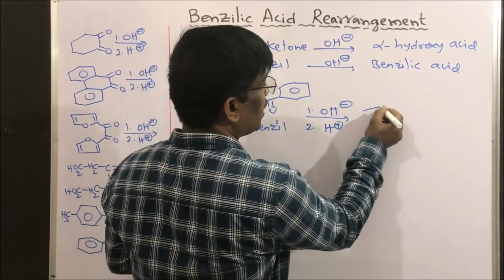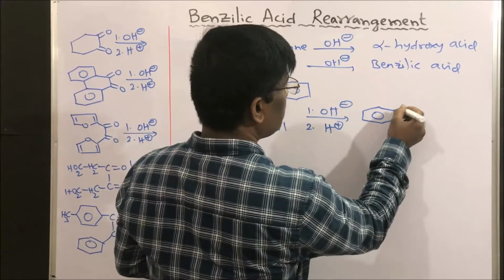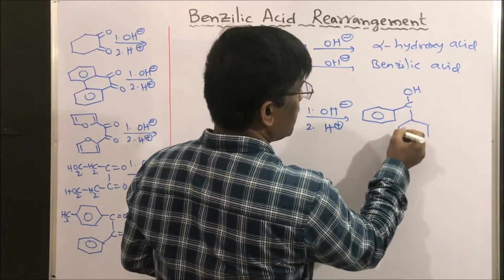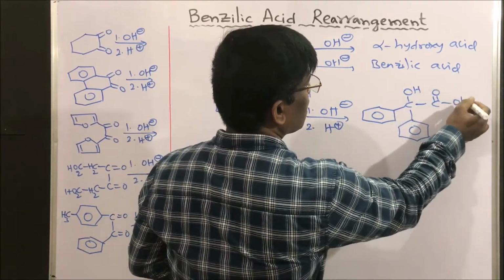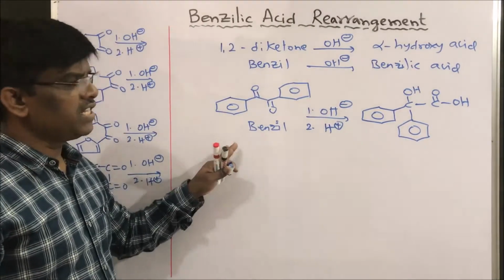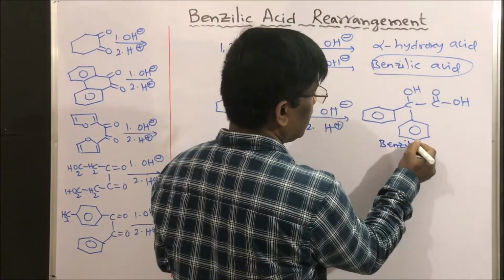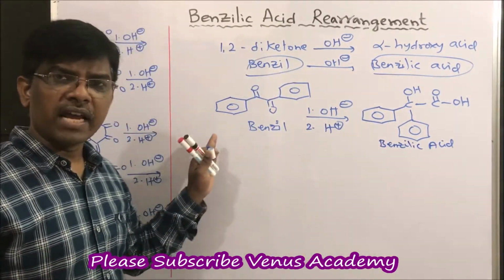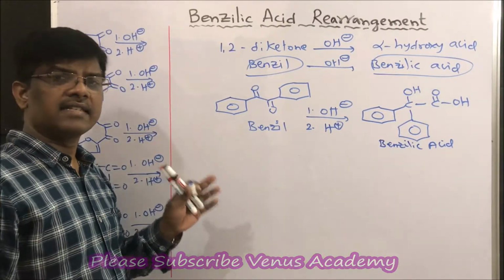What is the compound we are going to get? Alpha hydroxy acid, benzilic acid. This is the product. Benzil to benzilic acid. The mechanism of this reaction is very similar to ester hydrolysis.